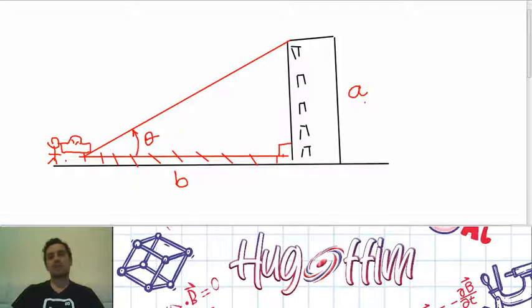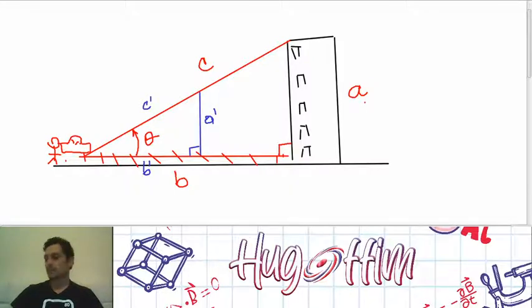So for example, I'm going to draw here in blue, with a ruler, this angle, and if this is 90 degrees, we have here B prime and A prime. Okay, and we can name the hypotenuse: the red hypotenuse will be C, and the blue hypotenuse will be C prime.